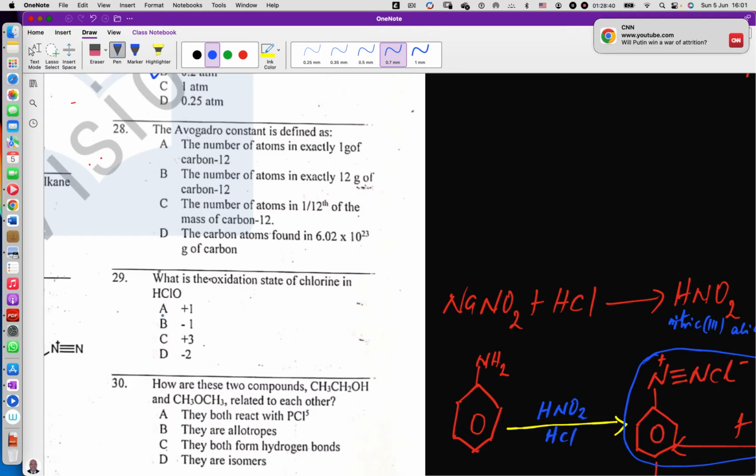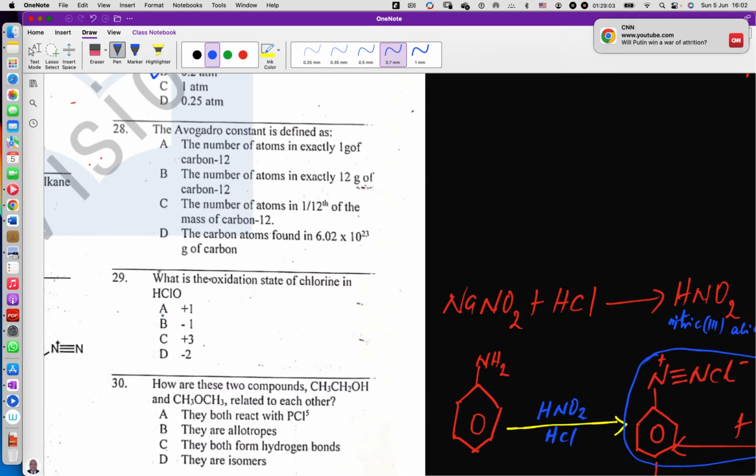So if it is not equal to 1 mole, then it is a wrong answer. Avogadro constant is defined as the number of atoms in exactly 1 gram of carbon-12. No, that is not 1 mole. B, the number of atoms in exactly 12 grams of carbon-12.